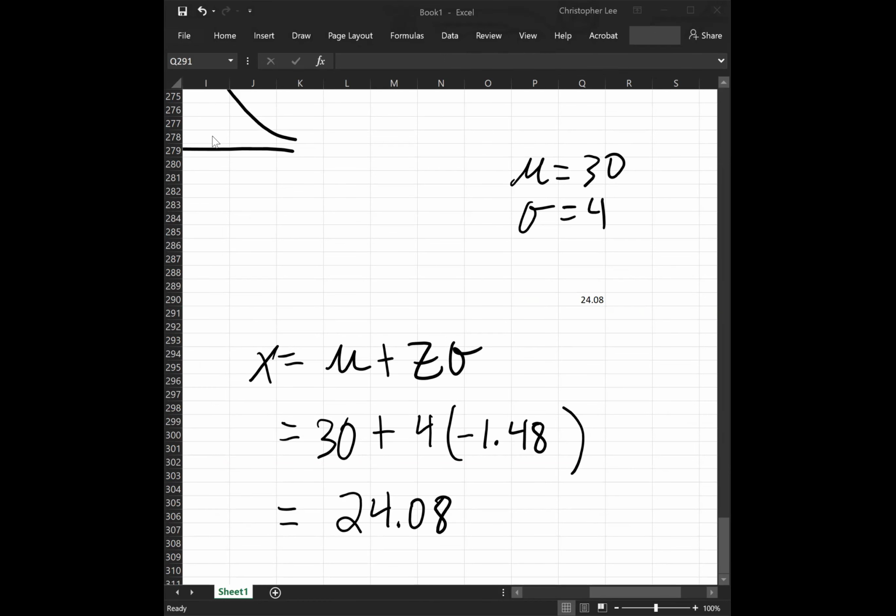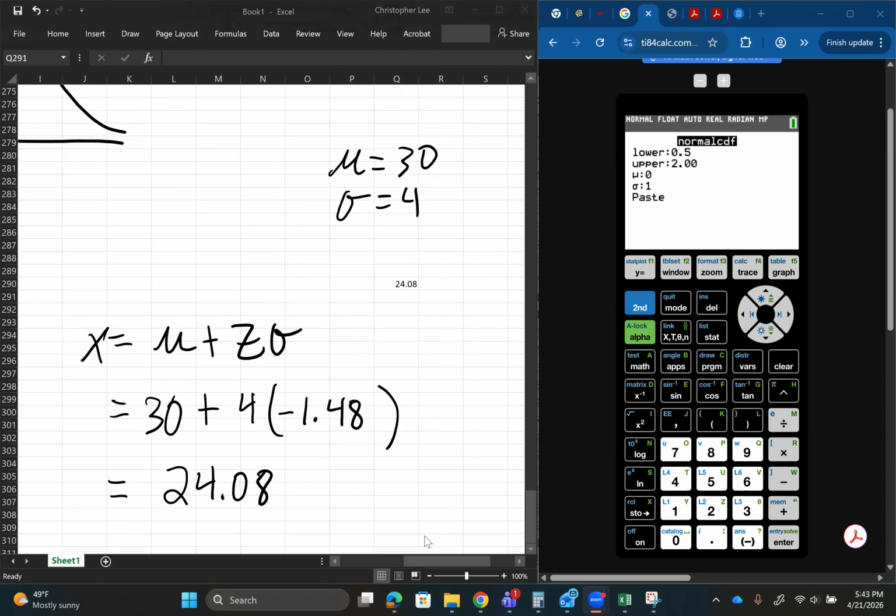Inverse normal distribution. My fault, that was from a previous problem. All right. Anyway, let's say you want to do this in a calculator. You press second distribution, and you go down to where it says inverse normal. Then you're going to hit enter.